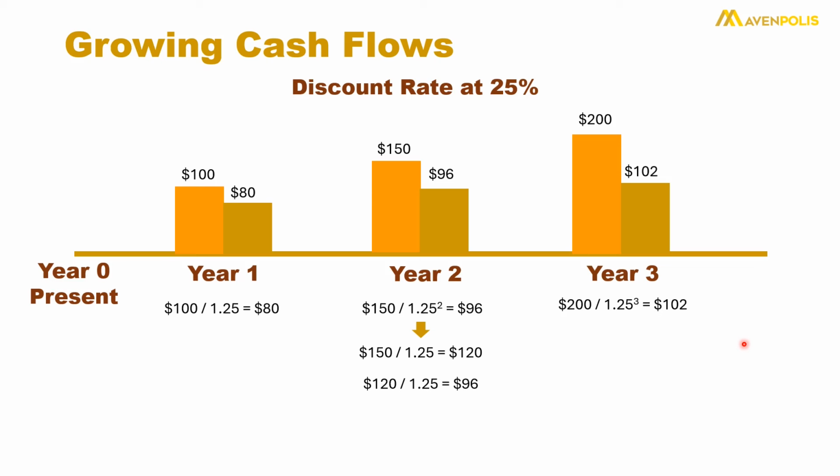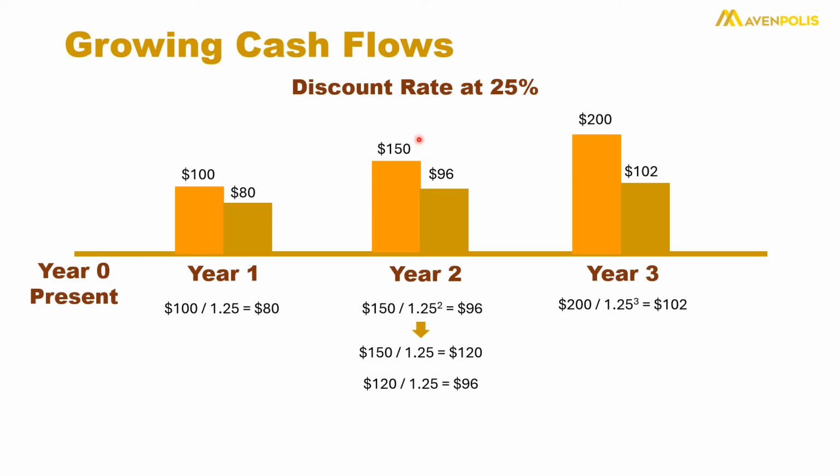So you can see from this chart that the discounted cash flow for year 3 and year 2 is almost the same, because in year 3 the growth rate is much lower at 33.3% compared to year 1, which is 50%.